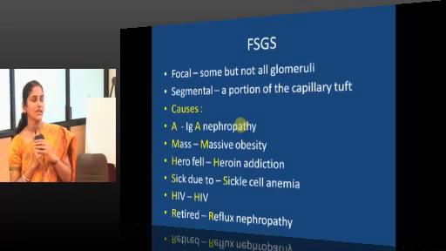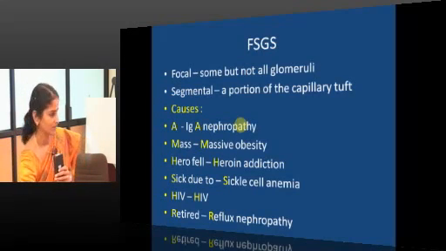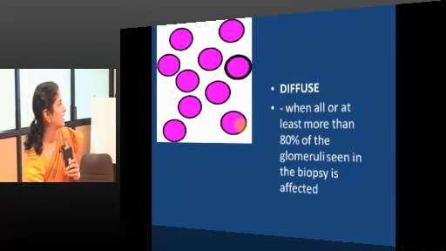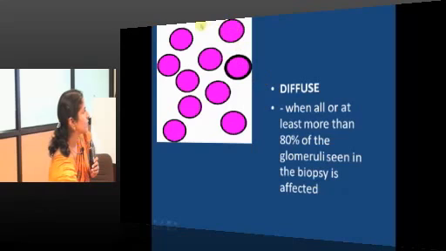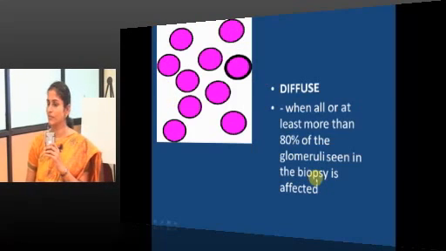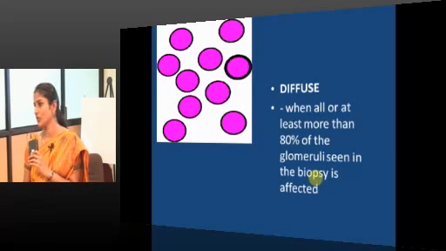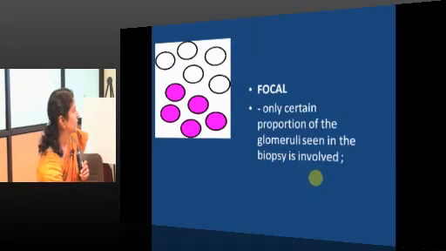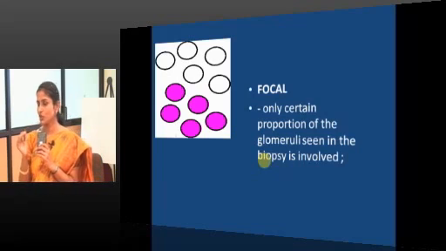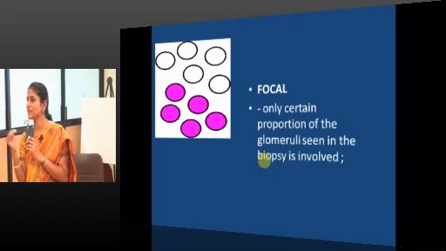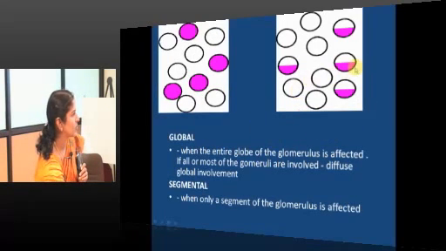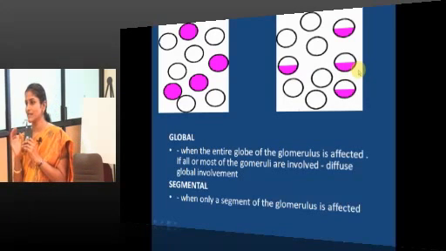So, focal segmental glomerulosclerosis. See, when a pathology involves all the glomeruli, or at least more than 50% of the glomeruli, we call it diffuse glomerulopathy. When it affects only a proportion of the glomeruli, less than 50%, it is focal. Segmental means that even in the affected glomeruli, only part of the tuft is affected.